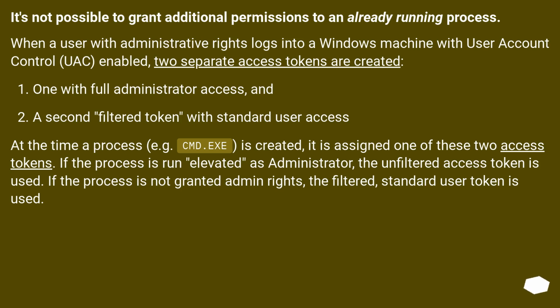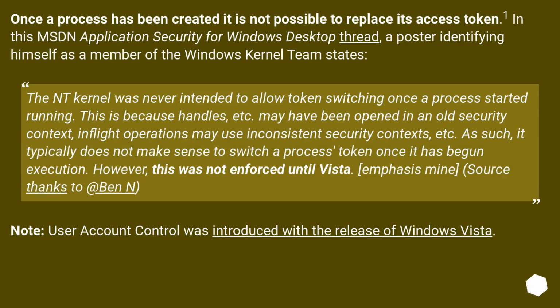If the process is run elevated as administrator, the unfiltered access token is used. If the process is not granted admin rights, the filtered, standard user token is used. Once a process has been created, it is not possible to replace its access token.